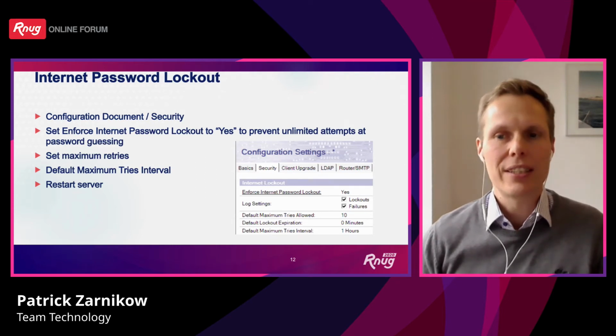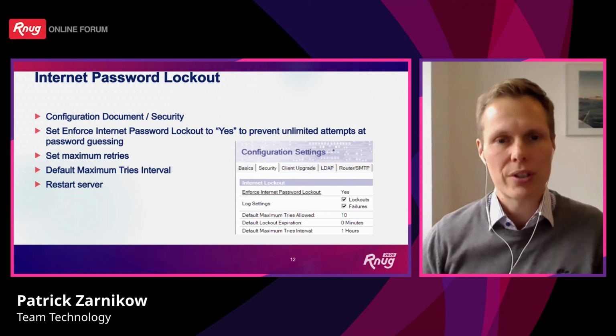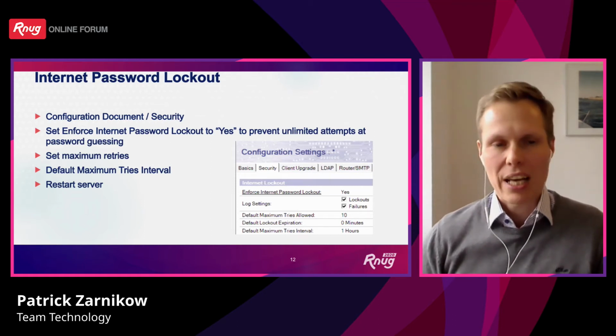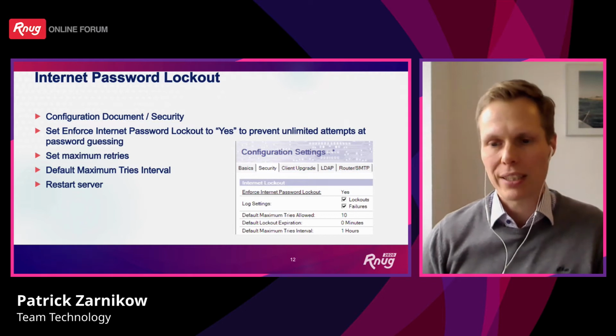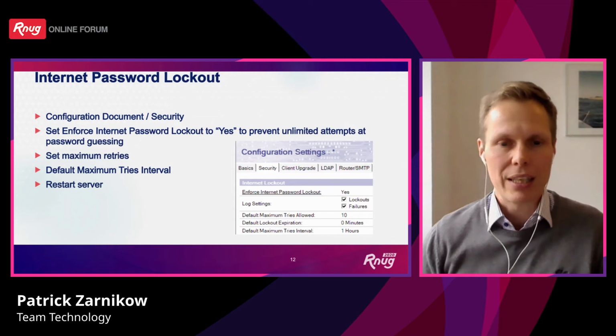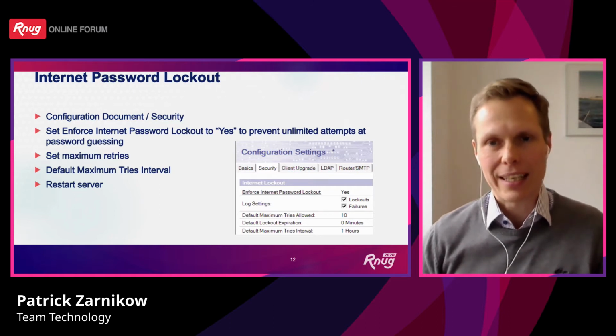If you don't set this, the users out there have unlimited attempts and can use password guessing, and an attacker could use password guessing to find out a password for certain users and combine it with the email address to access your server. So set the maximum retries, for example, to 10, and the maximum tries interval, for example, to 1 hour, then it will get unlocked after an hour again for the user. And make sure you restart the server for the setting to take effect.